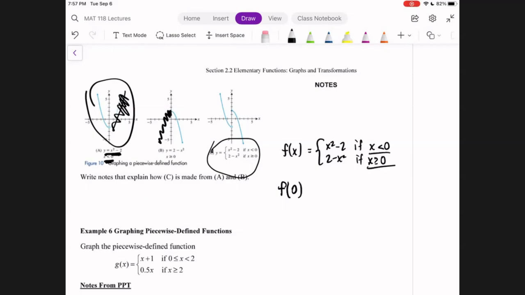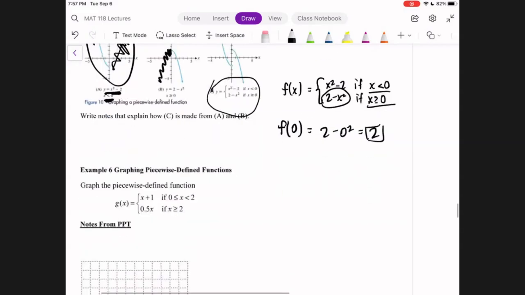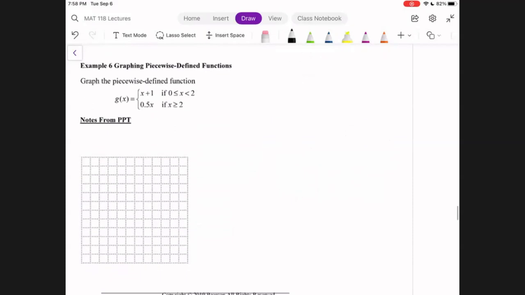It works in the second one. That means for f of 0, I'm going to use the second thing, so it'll just be 2 in the end. So when you're evaluating, you want to check which domain it works in, and then you use the rule associated with that domain. You have an example here for this graph, and I would highly advise you check with Desmos.